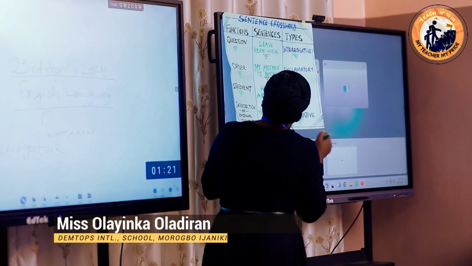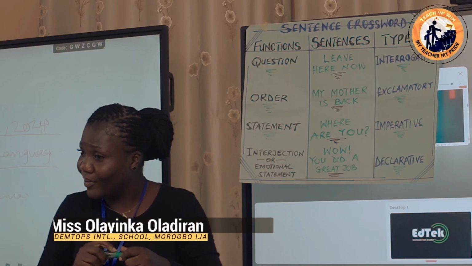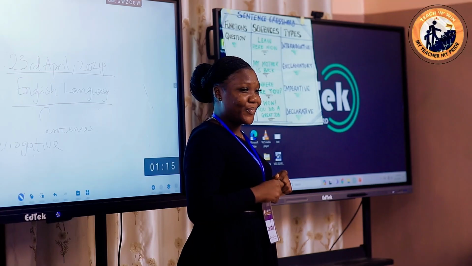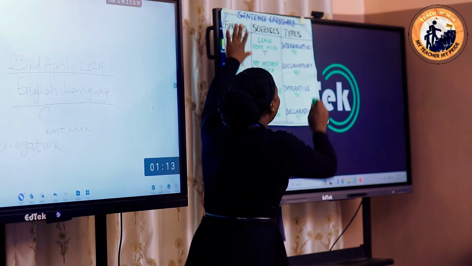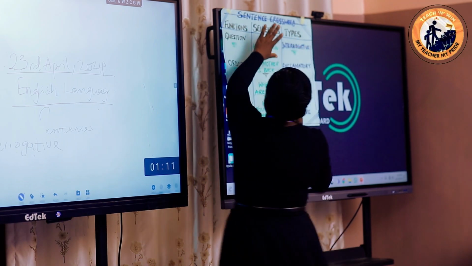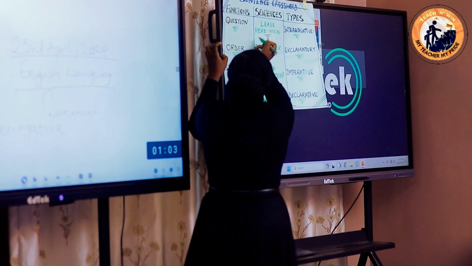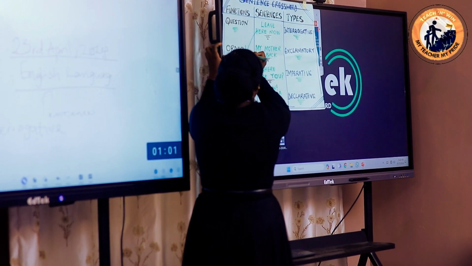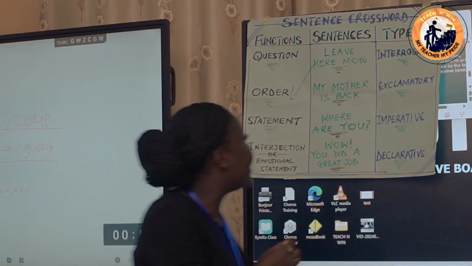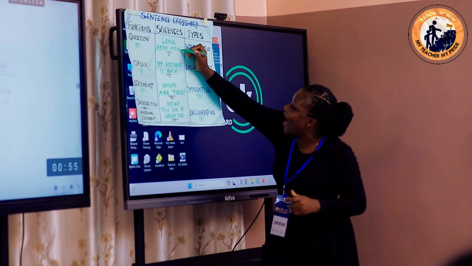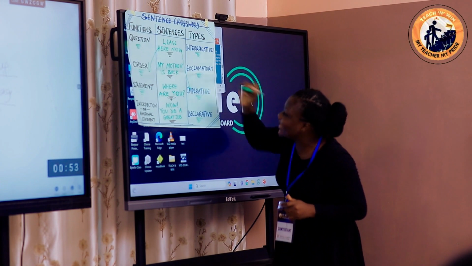That's not correct. Can someone else try? Just look at this. Leave here now reflects what function? Can someone else try? It reflects an order. In essence, what type of sentence is it? It is an imperative sentence.